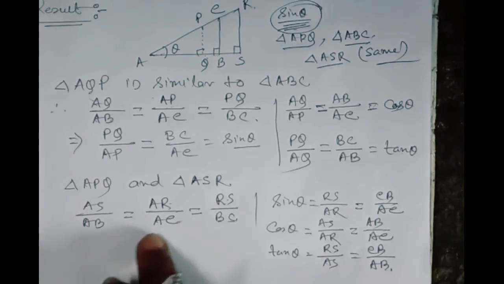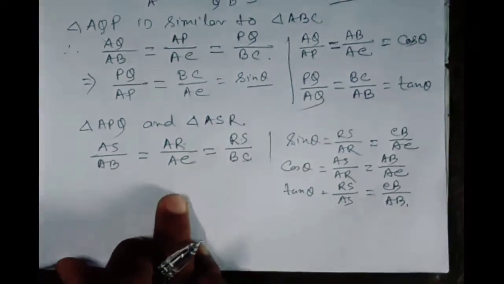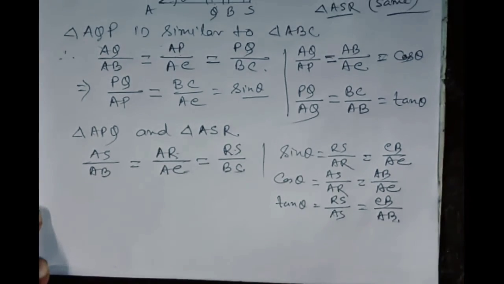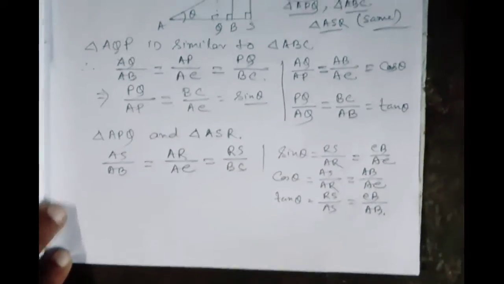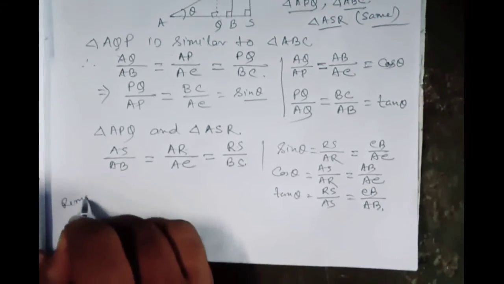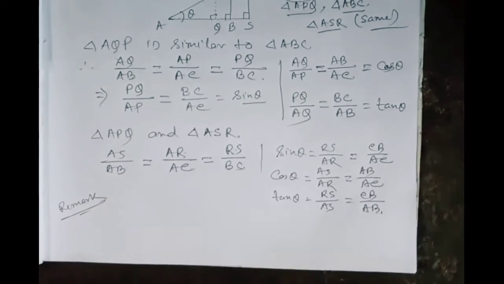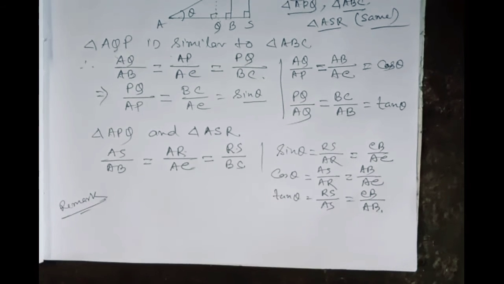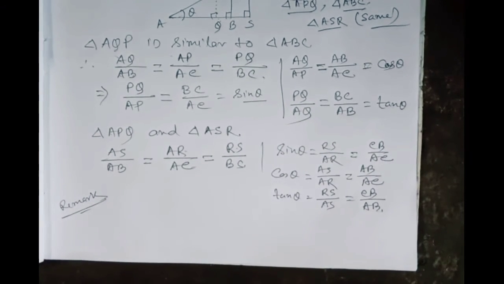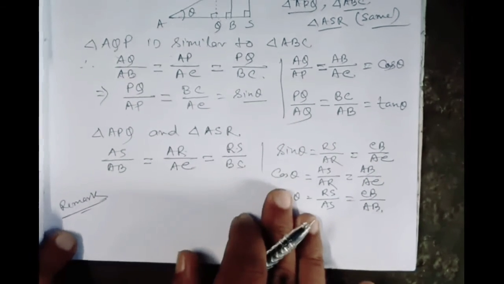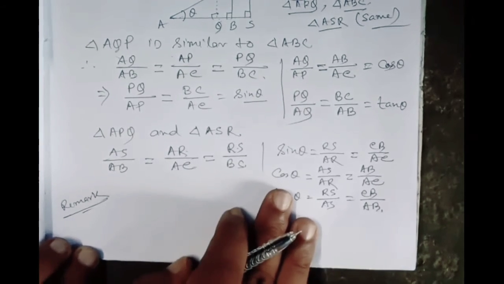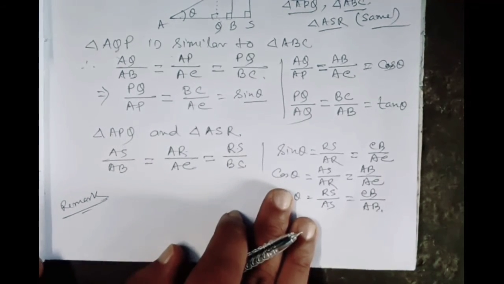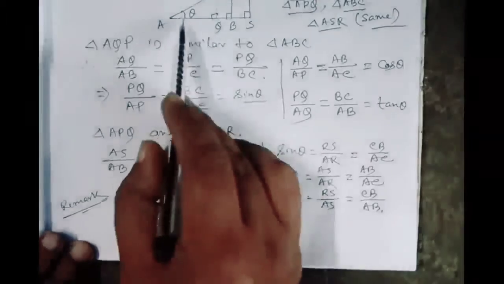Now here comes one remark. What is that remark? If we consider one right triangle, the hypotenuse is the longest side.